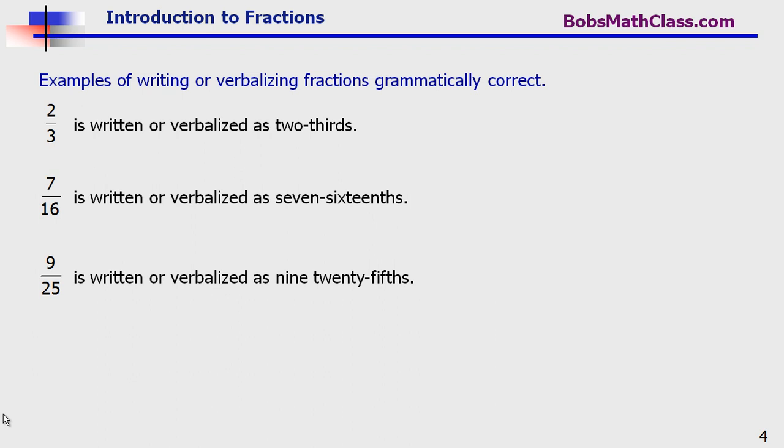Again, we need that S because it's plural, 2/3. 7/16, that would be 7/16. 9/25, 9/25. Note that there is no hyphen between the numerator and denominator because the denominator already contains a hyphen.